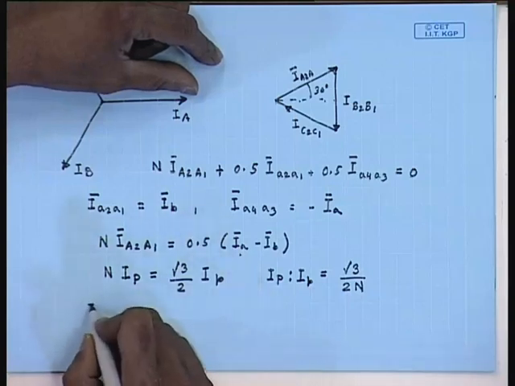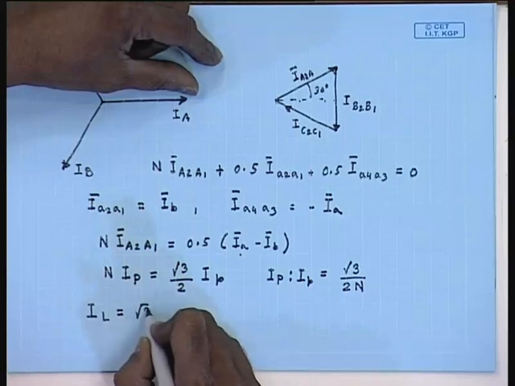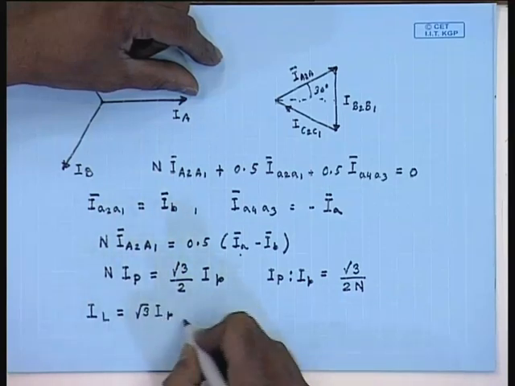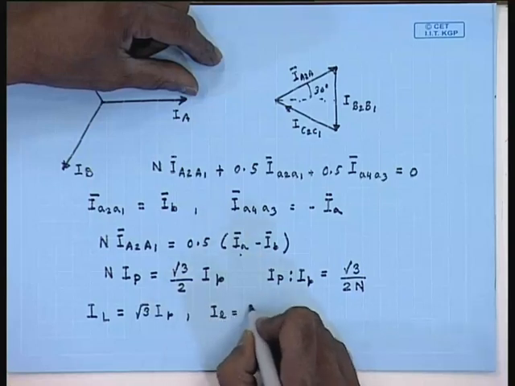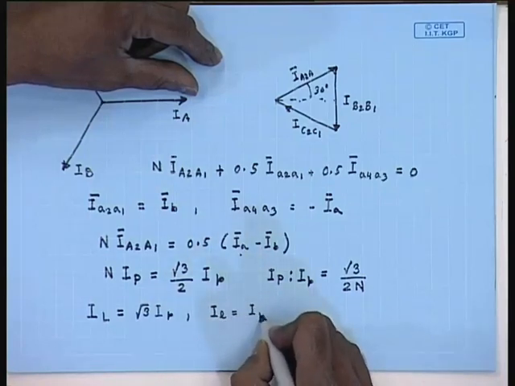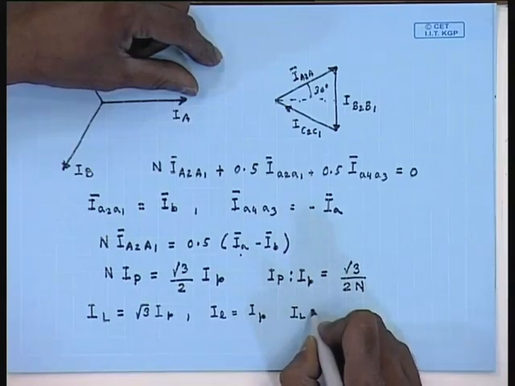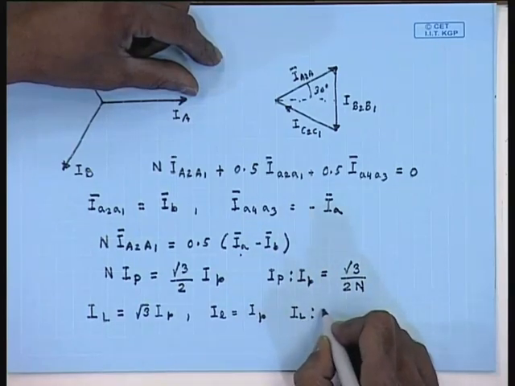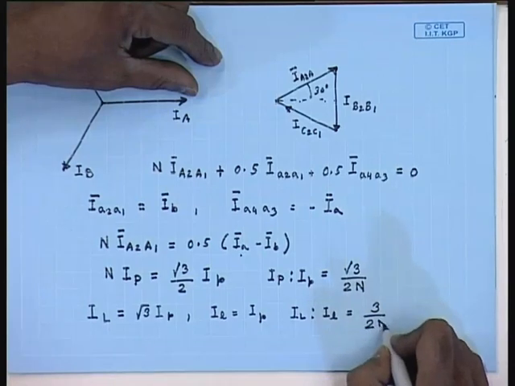But on the high voltage side, I_L equal to root 3 I_P, and on the low voltage side, i_L equal to i_p. Therefore, we have I_L is to small i_L equal to 3 by 2n.